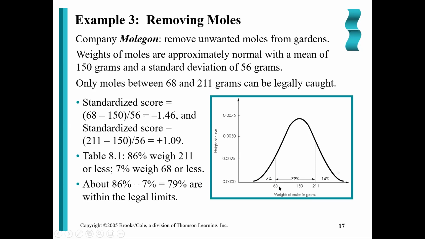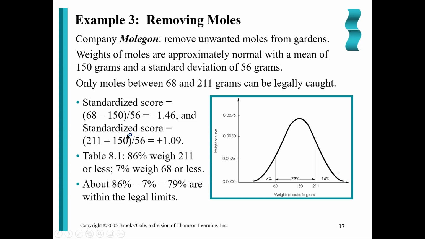Well, you'd find the percentage that is less than the weight of 68. Again, using the table, you converted the 68 weight down to a negative 1.46 standard score. You look it up on the table. Negative 1.46 is about 7% of the weights are less than that.